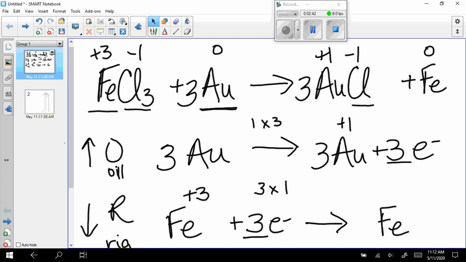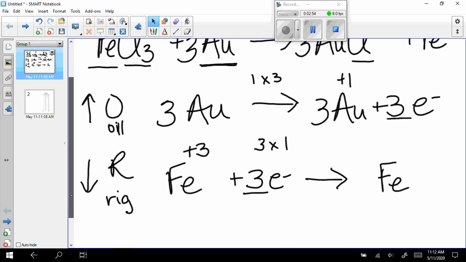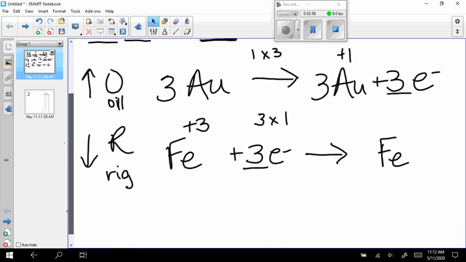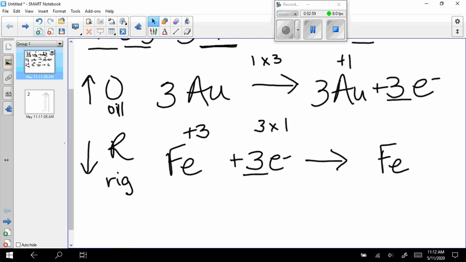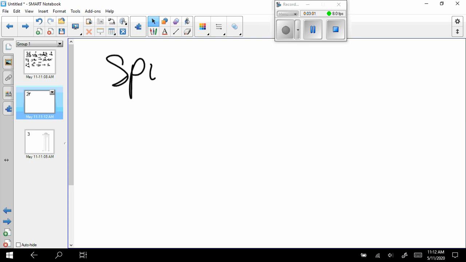So what I have just done is gone through everything you've already learned: what oxidation is, what reduction is, how to balance an equation, how to write out the half reactions, and identify the electrons lost and gained. What we're going to do now is talk about if a reaction is spontaneous.